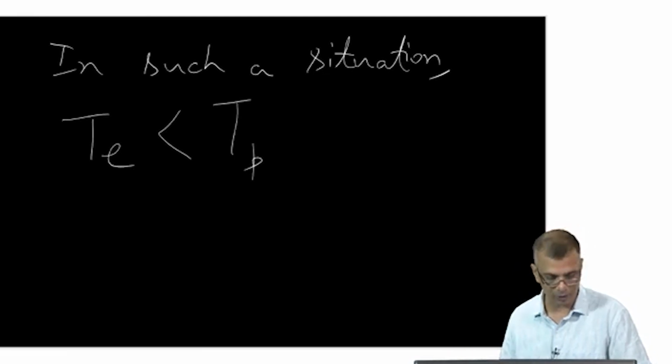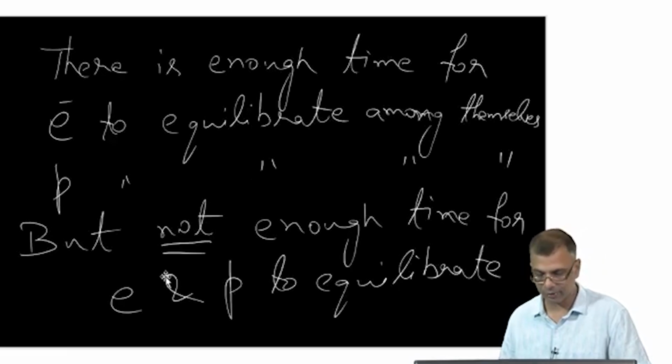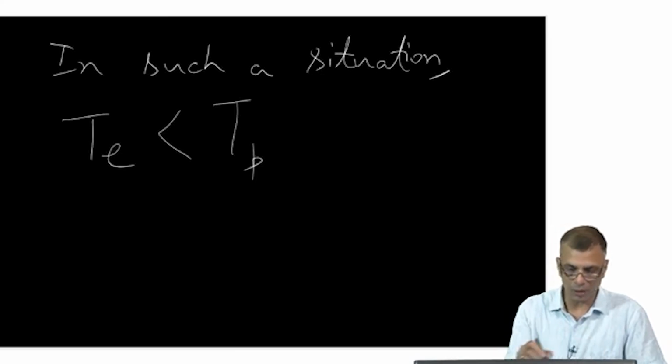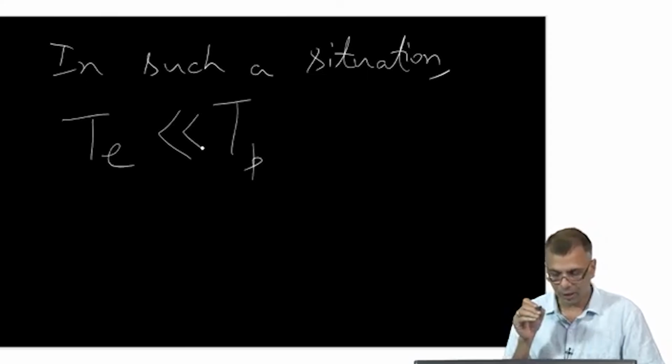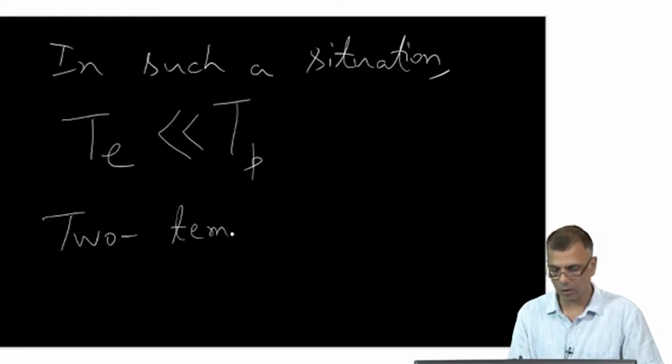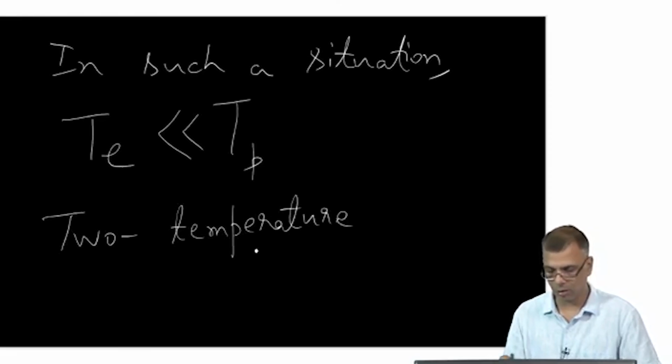That's the whole point. There is not enough time for electrons and protons to equilibrate among themselves. Therefore, many times this inequality is very severe, and this is what's called the two temperature criterion.